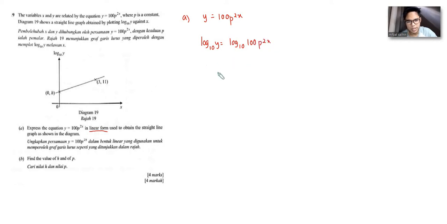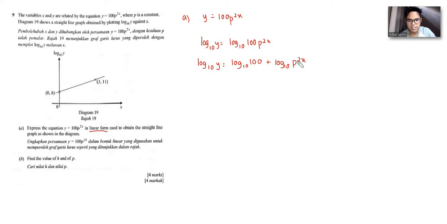The next step is that we can split this log, since it is multiplication. We know that multiplication in logarithm means addition. So log10 y = log10 100 + log10 p^(2x).